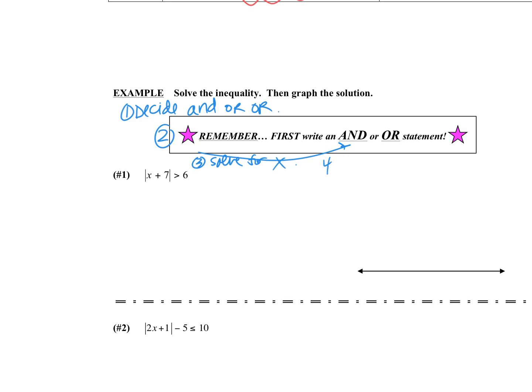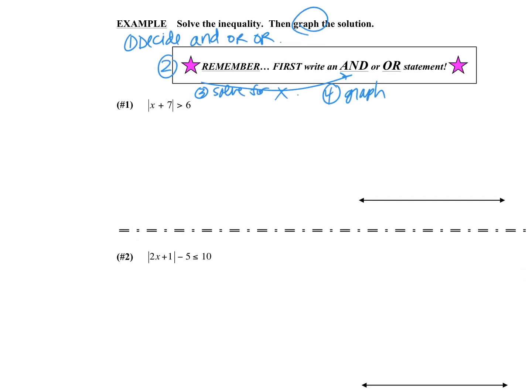Oh, and can't forget the fun stuff. We're going to graph our answer, okay? All right. So same rules apply as before, where if I have my absolute value and it's all by itself, it's ready to go. So when I read that, that says the absolute value of x plus 7 is greater than 6.